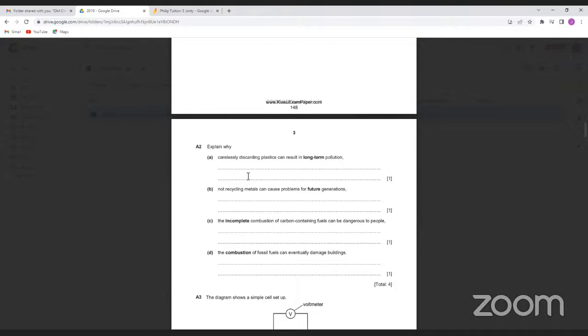Incomplete combustion because CO is dangerous to people. And for CO, you have to describe why it is dangerous to people. Do you know? Why is CO dangerous to people? Yeah, you probably need to describe that just to be safe. I have no idea. So the incomplete combustion of carbon containing fuel will produce CO, right? And CO will bind to hemoglobin.